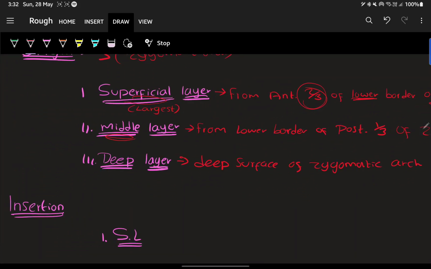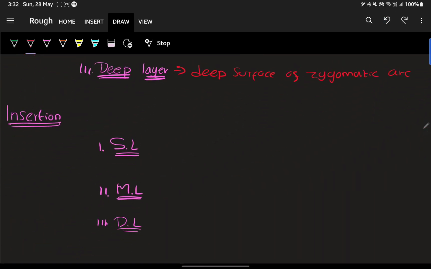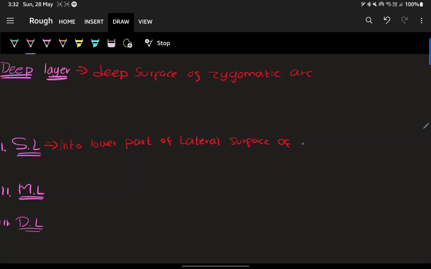Now insertion. Like the way it had 3 origins, it will have 3 insertions. Now the superficial layer: the insertion is into the lower part of the lateral surface of ramus of mandible.